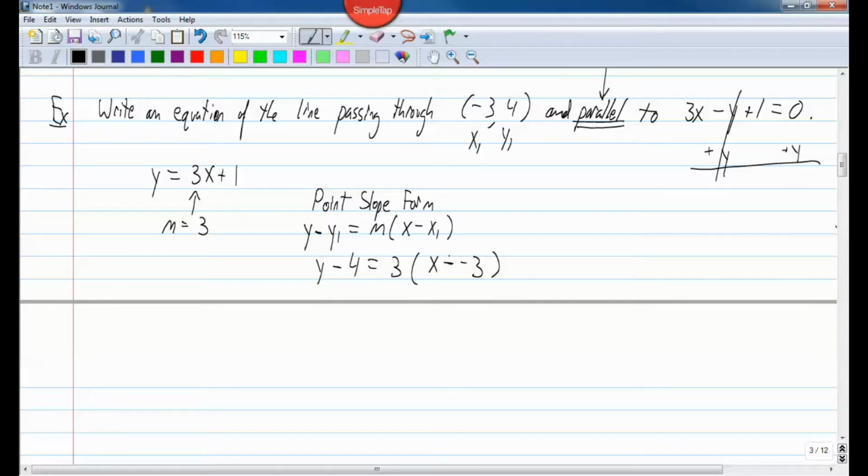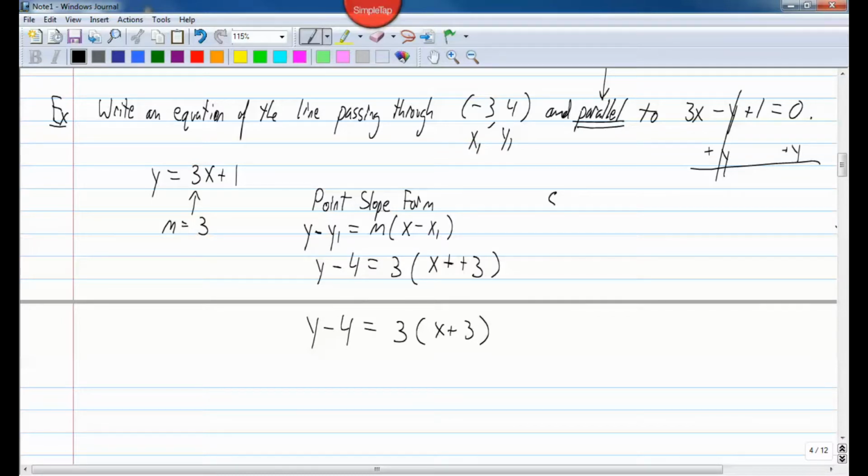Anywhere you have minus a negative, you put plus. And so the equation of my line in point-slope form is y minus 4 equals 3 times x plus 3. So if my problem asked for point-slope form, I would be done.